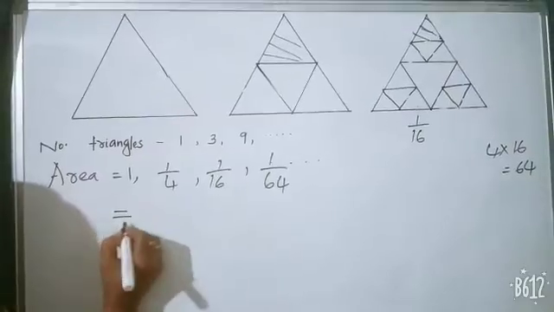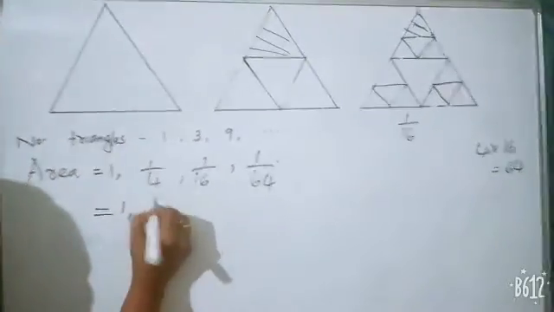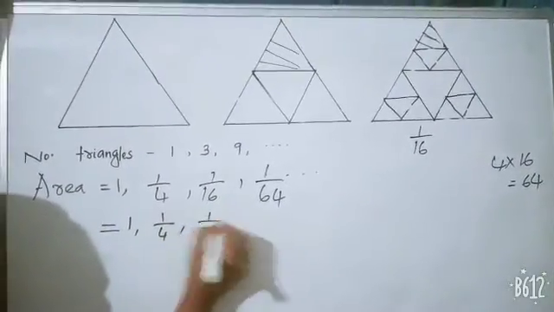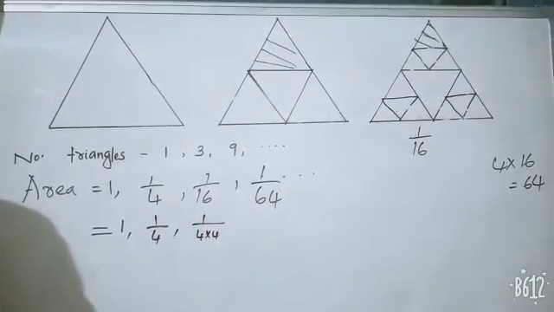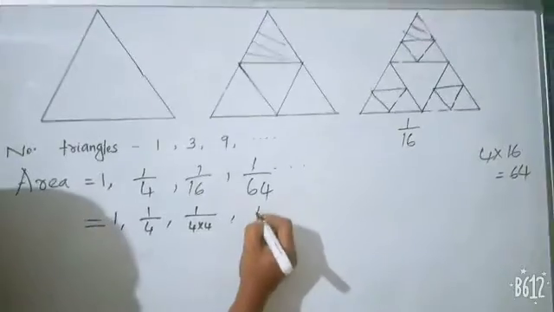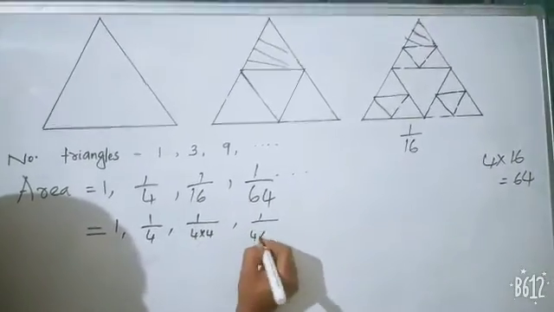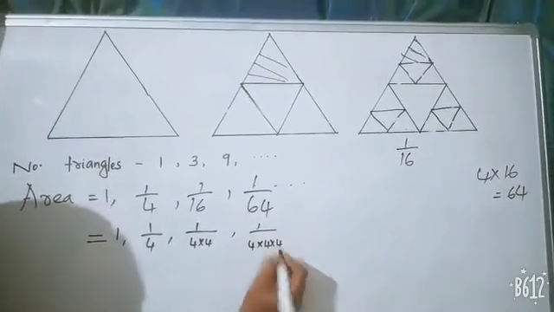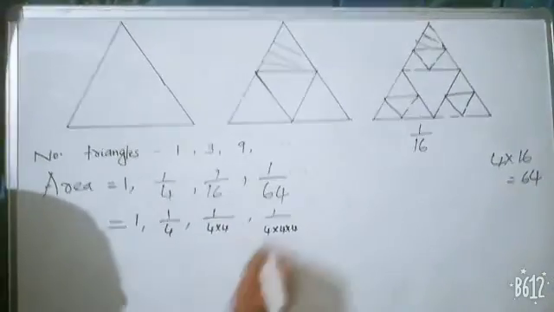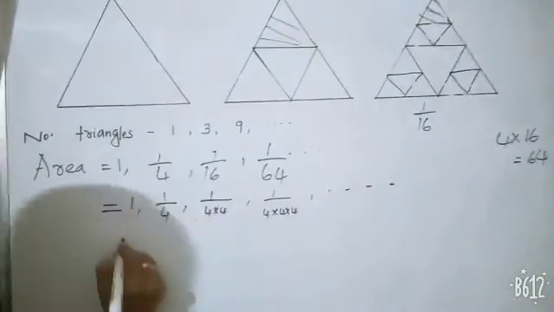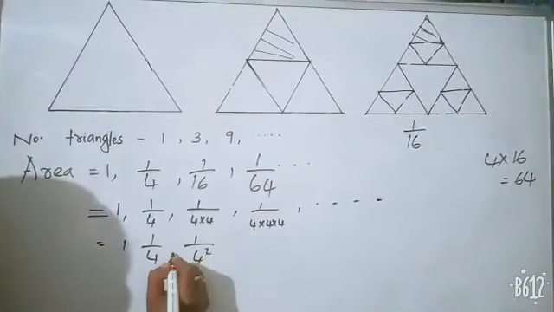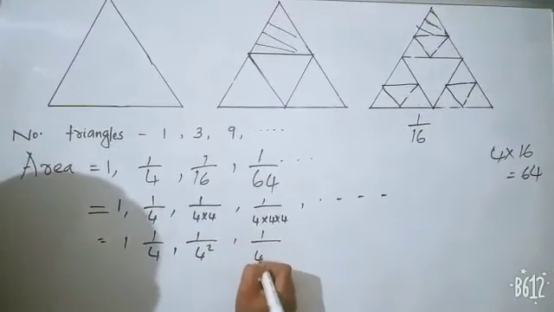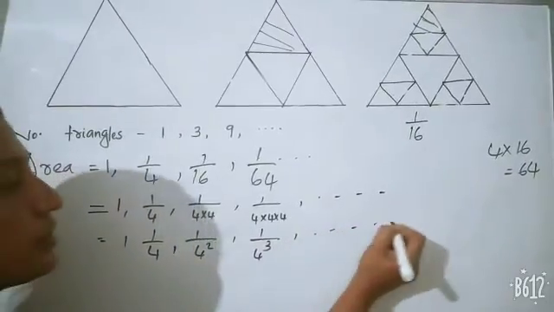We can rewrite this as 1, 1 by 4. This 16 can be written as 4 into 4. 64 can be written as 4 into 4 into 4 and so on. That is 1, 1 by 4, 1 by 4 square, 1 by 4 cube, etc.